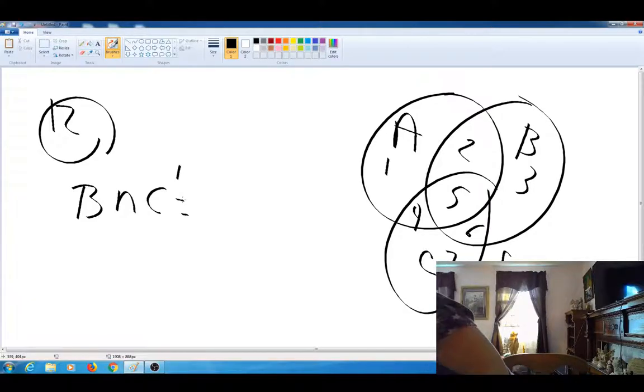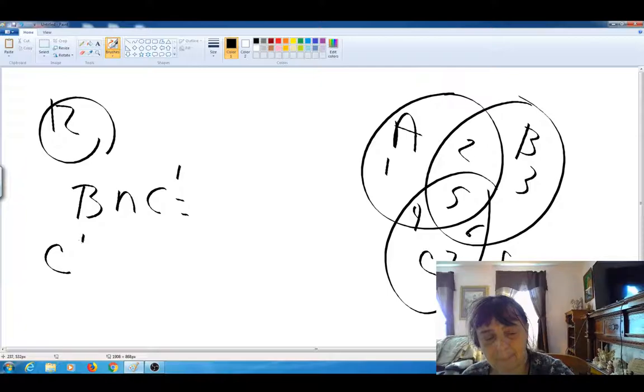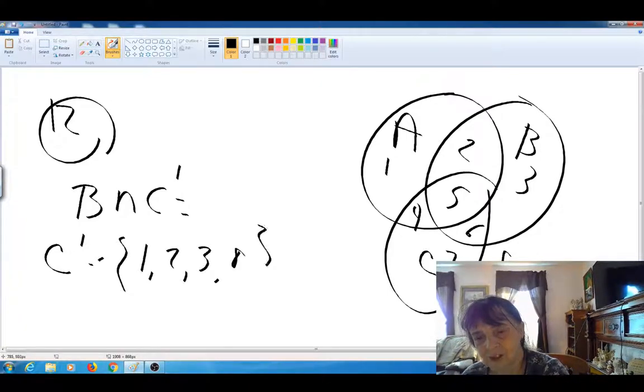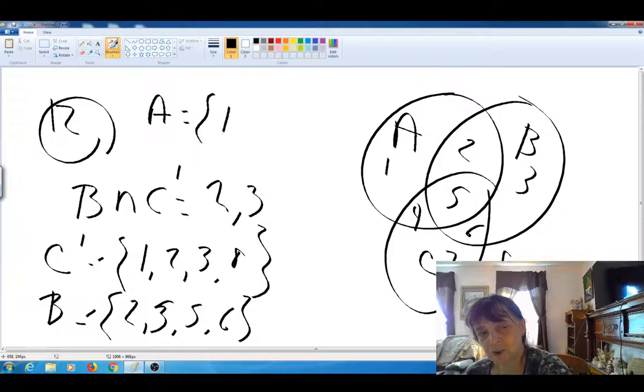B intersects C prime. Okay, C prime is 1, 2, 3, 8. And B is 2, 3, 5, 6. B intersects C prime. The intersection is 2, 3. And A is 1, 2, 4, 5.